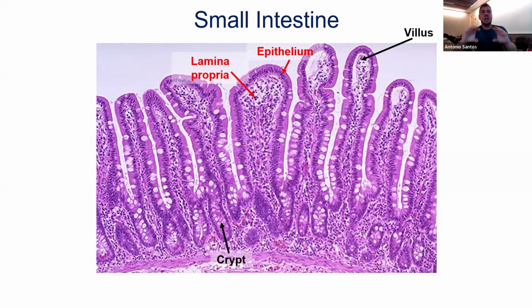So the epithelium is really making the function. But the epithelium is only thriving because it is supported by other cell types that are not epithelium cell types. And we call this amalgamation of cells lamina propria. They are very important because they support the integrity of the epithelium.